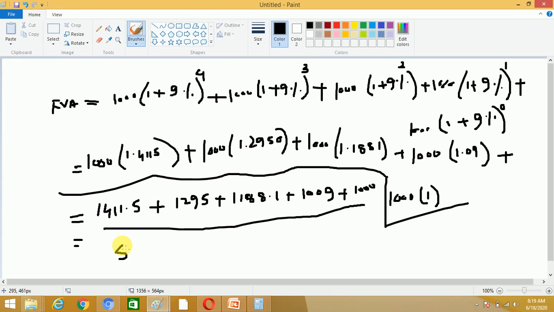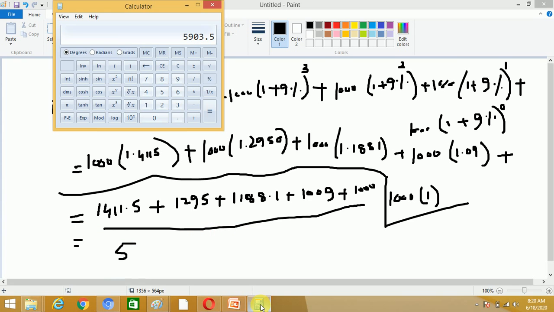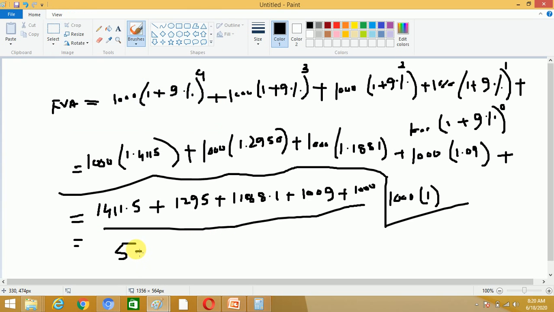So we will get 5984.6. So this will be our future value of annuity.